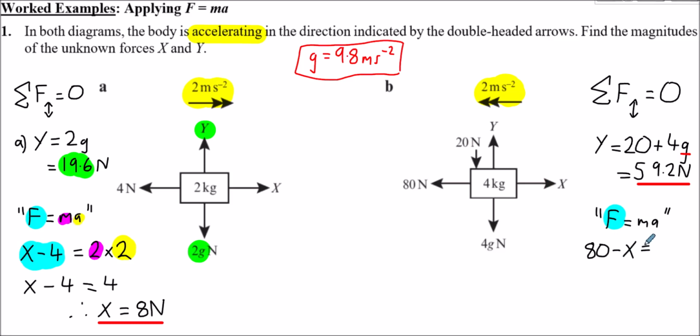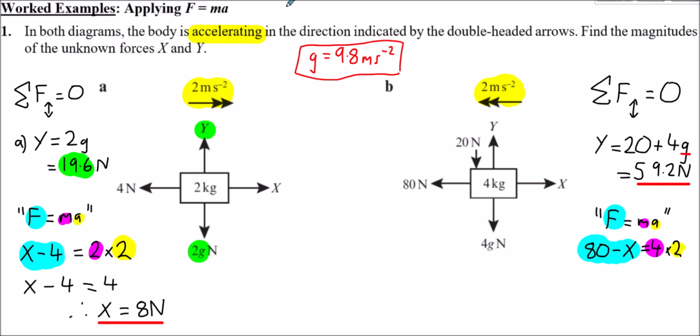That's going to equal the mass of the object, which is 4, multiplied by the acceleration of the object, which is 2. Just using F equals ma, this time the mass is 4, and the acceleration is the same size as in part A, just a different direction: 2.